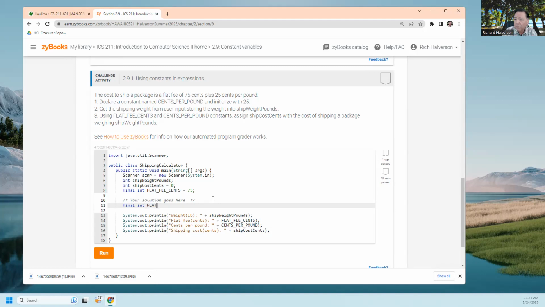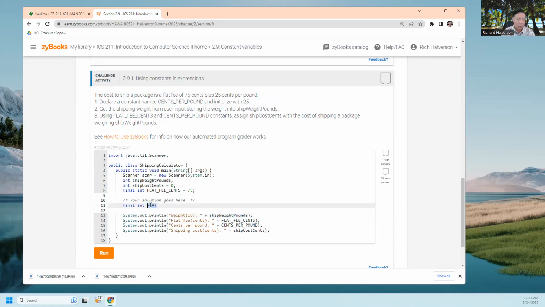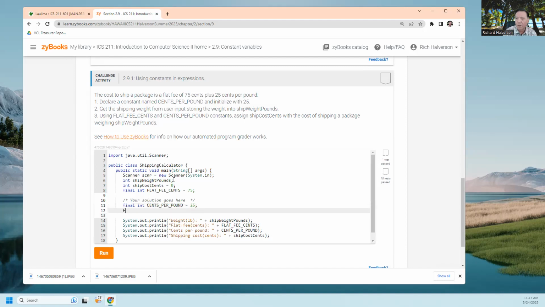Oh, it tells me what I'm supposed to name it. Okay, so first I'm supposed to declare this: cents per pound equal to 25, semicolon. Final int.